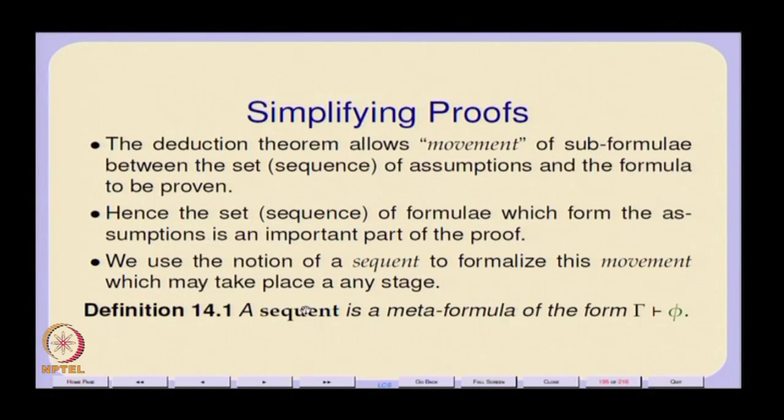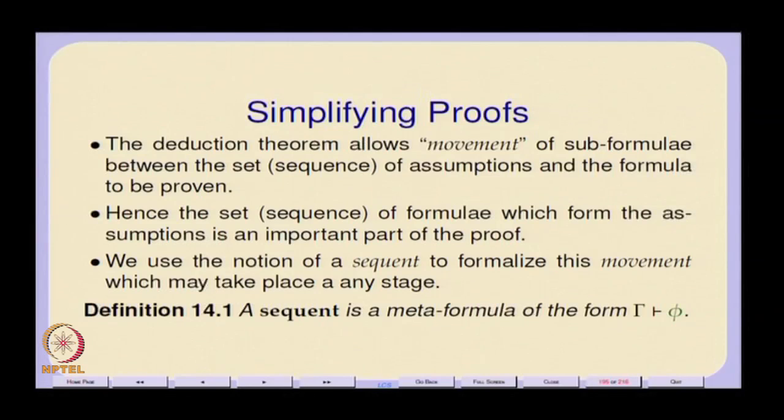So, the movement that the deduction theorem allows you to do greatly simplifies proofs, because you can make some extra assumptions and you have to prove shorter formulae. That is one thing. So, what you take as assumption is actually an important part of the proof.